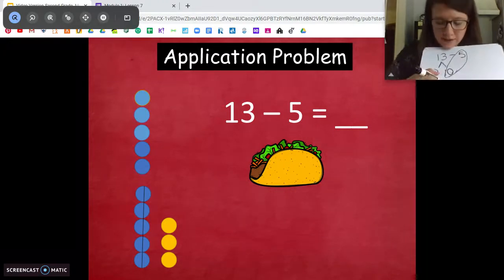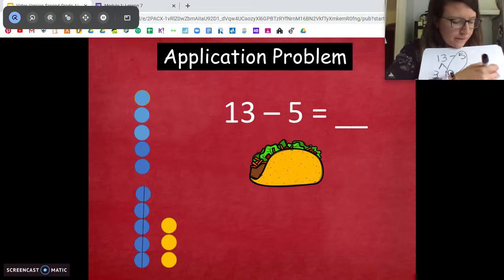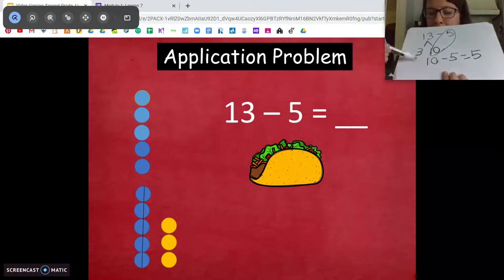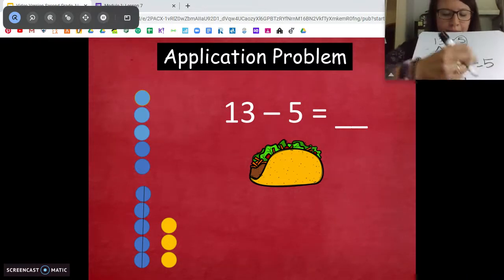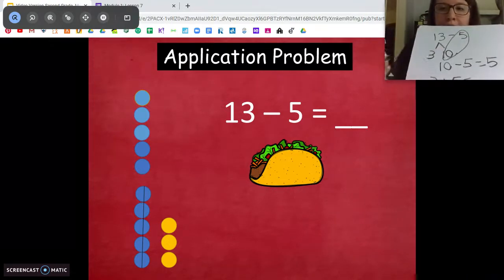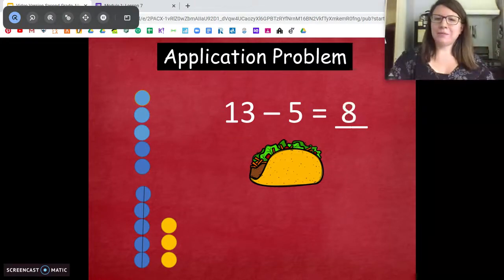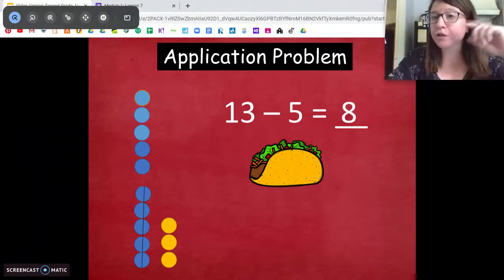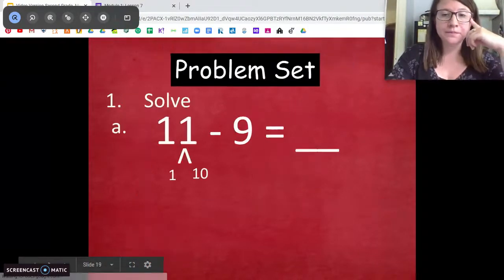Then I'm going to subtract my 10 fact. 10 minus 5 equals 5. And then take my 5 and add in my extra 3. Equals 5 plus 3 equals 8. We have 8 tacos left. You could also draw a picture if that's easier for you to understand. And that's what they did for this one.